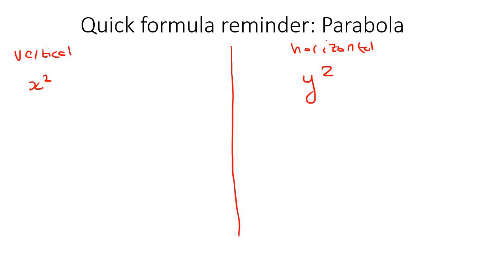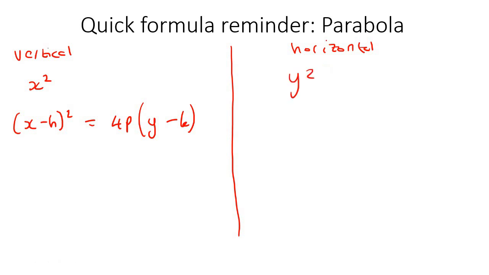So the formula for vertical goes x minus h squared equals 4p, remember the p? And then y minus k. That was typically what the formula looked like for a parabola.